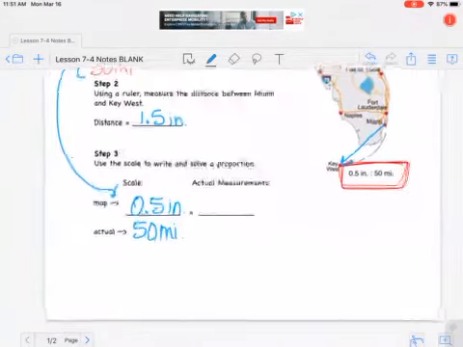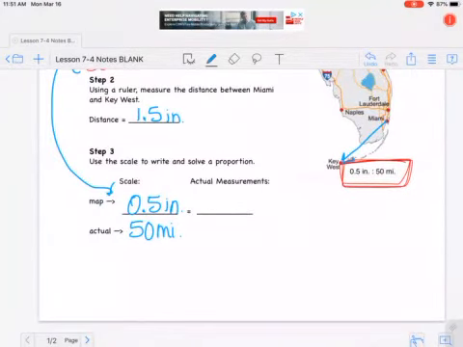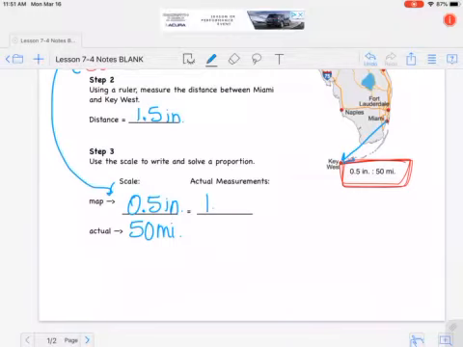Where it says actual measurements, on the top it's still going to contain your map measurements, so what we actually measured from Miami to Key West. That would be 1.5 inches. And since we don't know the actual yet, that's just going to be X miles.